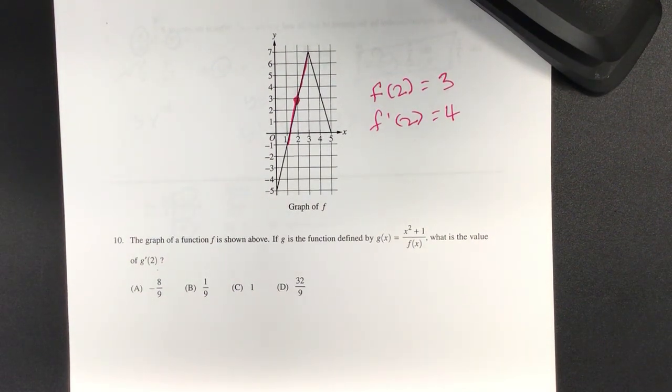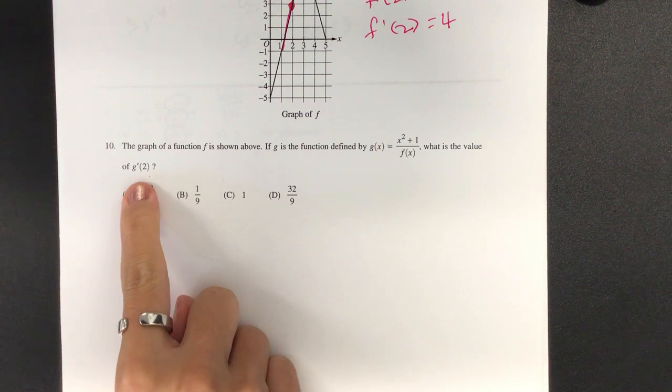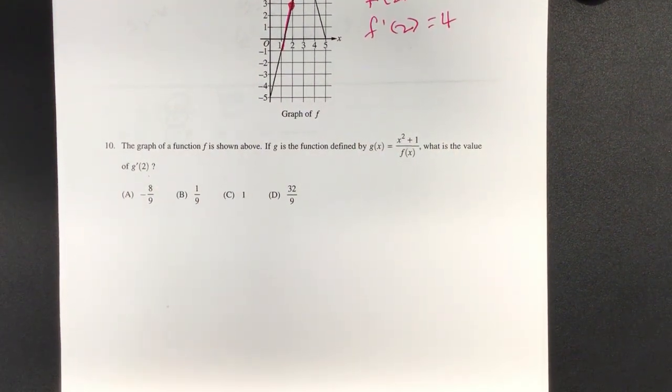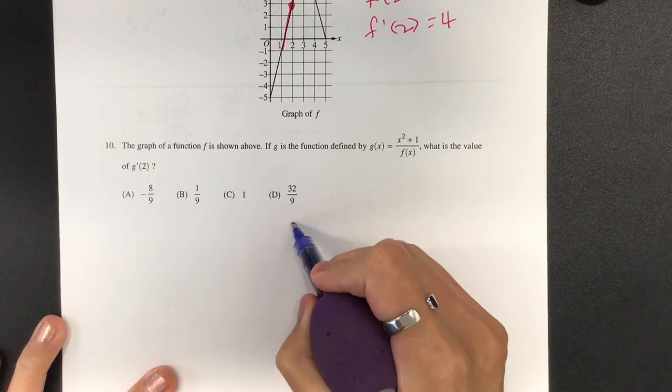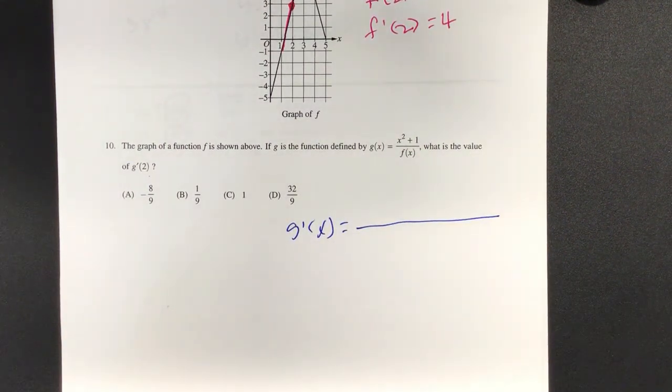So now let's look at the question. I gave you g, and I want you to find g prime. What rule is this? If I have a fraction, it is not the product rule, but the quotient rule. Let's apply that. So we have g prime of x. We take the bottom and all to the power of what? 2.